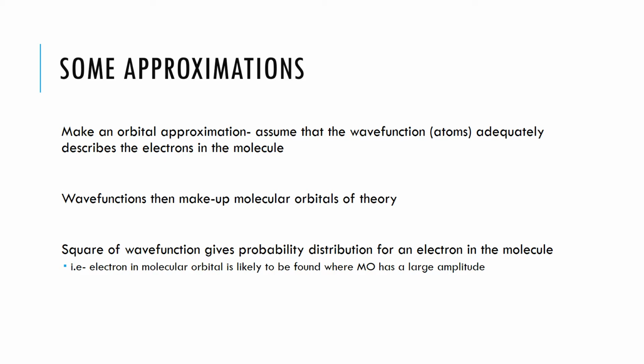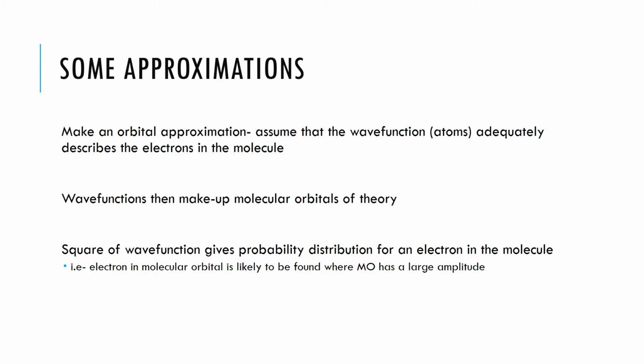Now, as with any other theory, we have to make some assumptions, and we make an orbital approximation. We assume that the wave function, the mathematical parameters that describe the electron in an atom, adequately describe the electrons in the molecule.